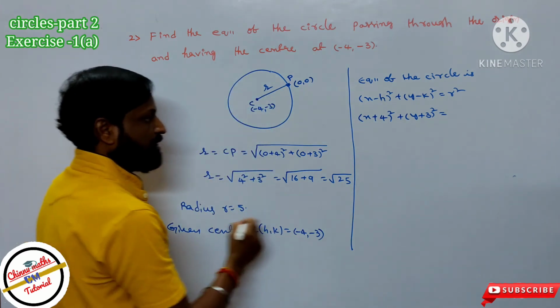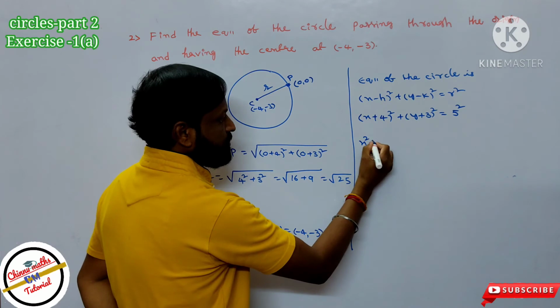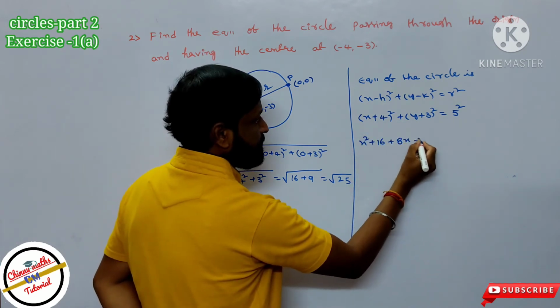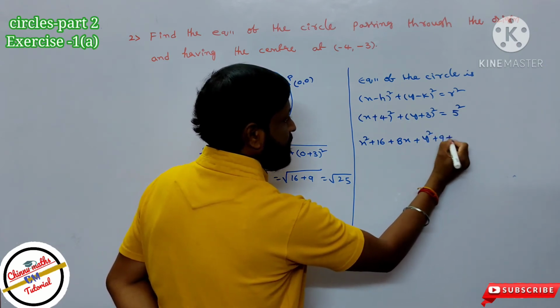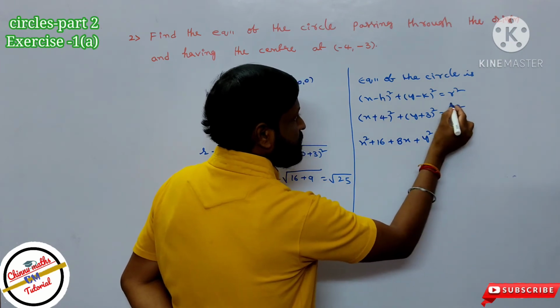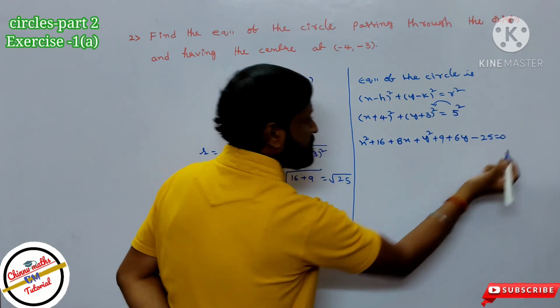Then r square is nothing but 5 square. It is x square plus 16 plus 2 into 4, that is 8x, y square plus 3 square means 9 plus 2 into 3, that is 6y, equal to 5 square, written as minus 25 equal to 0.